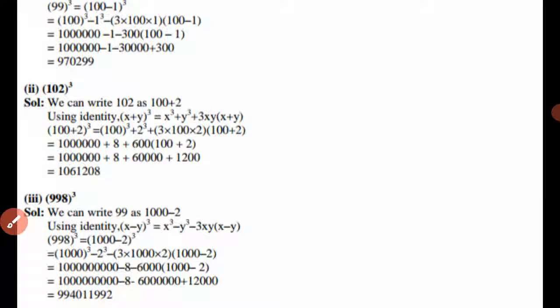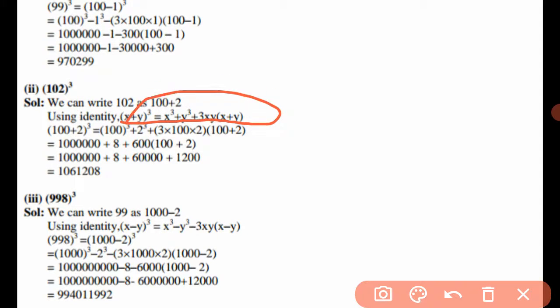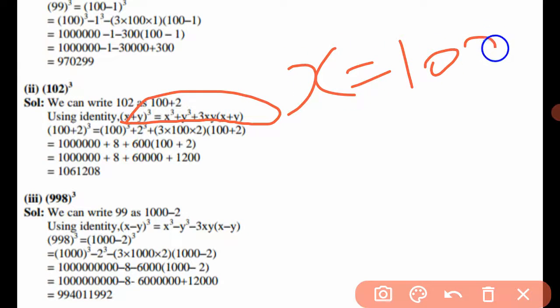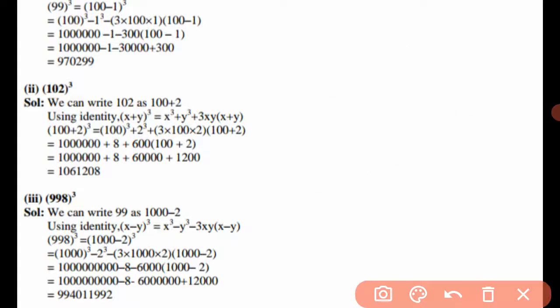Now see the second part. In the second part we have 102 whole cube. 102 whole cube can be written as 100 plus 2 whole cube. So here we will use the identity x plus y whole cube, which equals x cube plus y cube plus 3xy into x plus y, where x equals 100 and y equals 2. Putting the values in the identity, it will be 100 cube, which is 100 into 100 into 100, plus 2 into 2 into 2, which is 8, plus 600 into 100 plus 2.